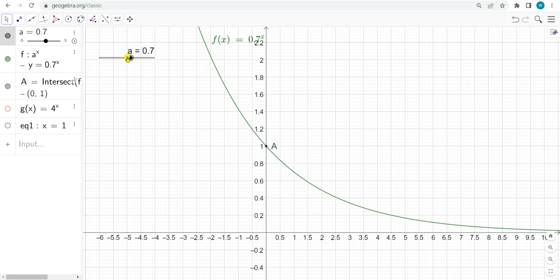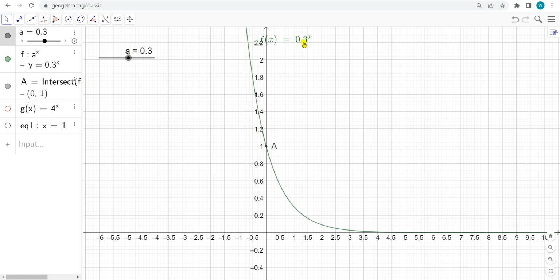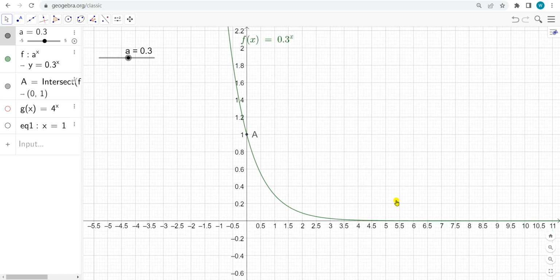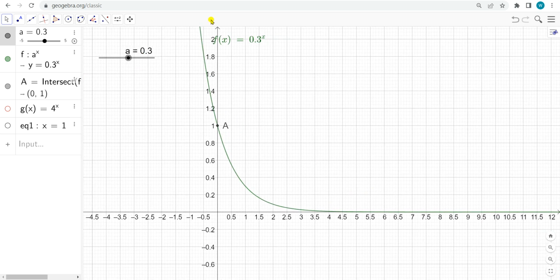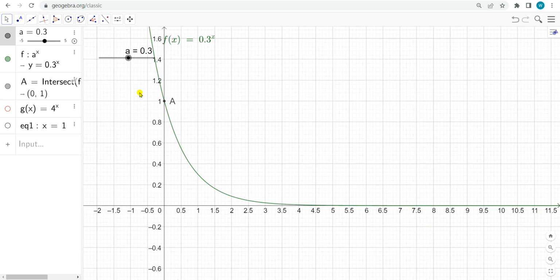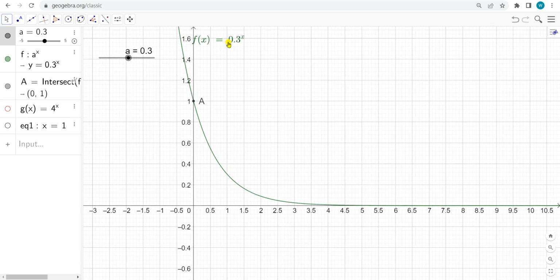So you can see that when a lies between 0 and 1, and I keep multiplying by a constant less than 1, then it will keep decreasing. Some of you may think, oh, will the graph touch the x-axis? Actually it's not. For example, in this case, 0.3 to the power x, you will see the graph is moving downward.